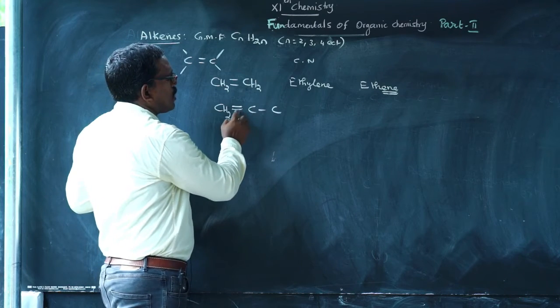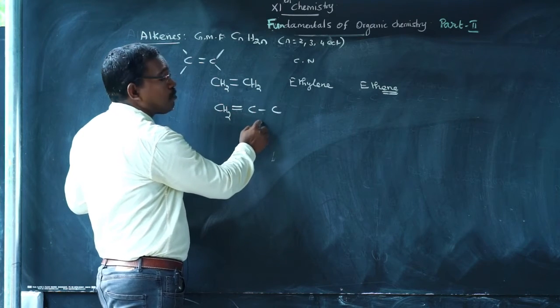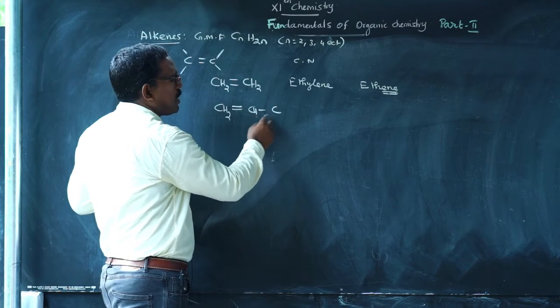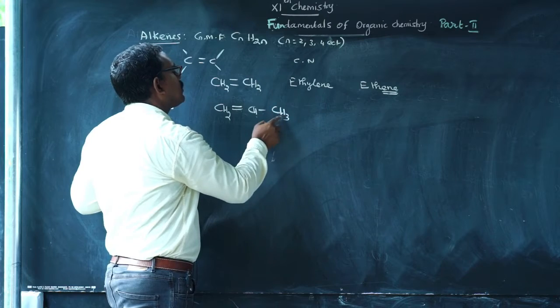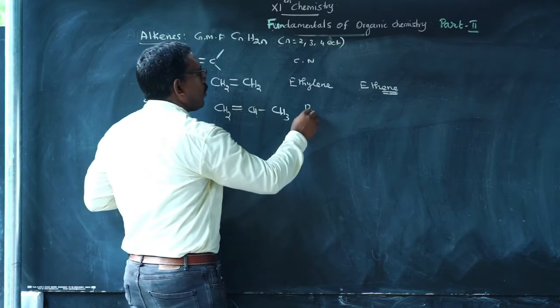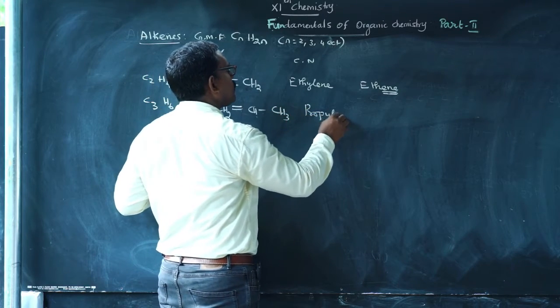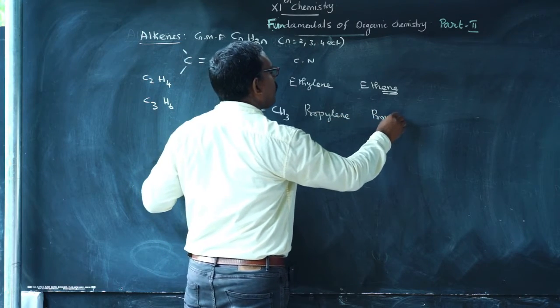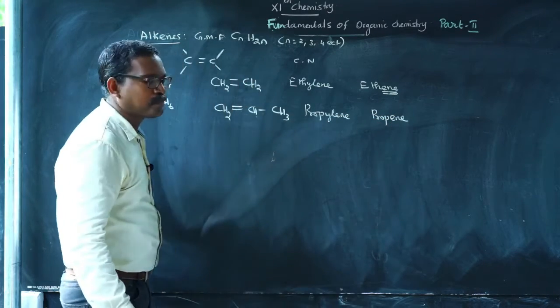Here this carbon is surrounded by 3 bonds, so the remaining valence is satisfied by only 1 hydrogen. Here CH3. The common name is propylene. The IUPAC name of the compound is propene.